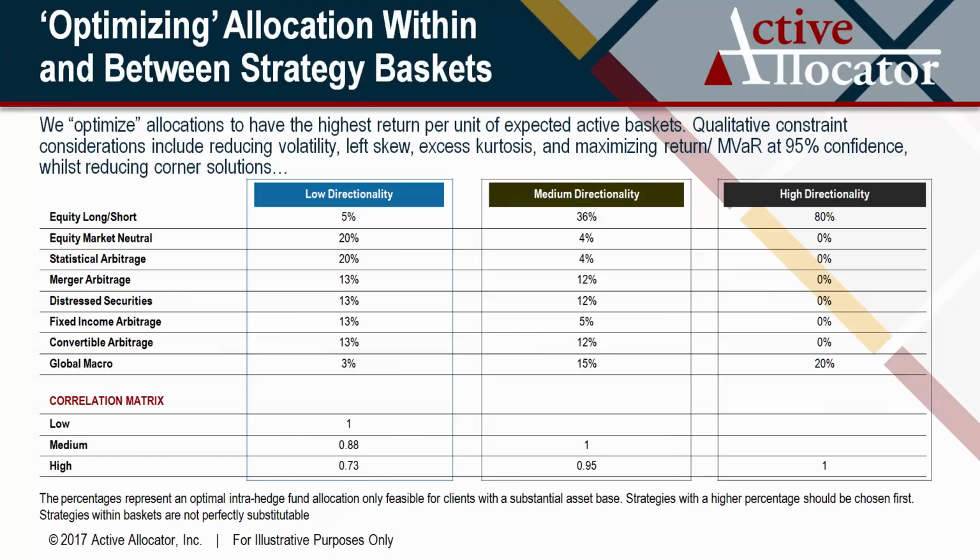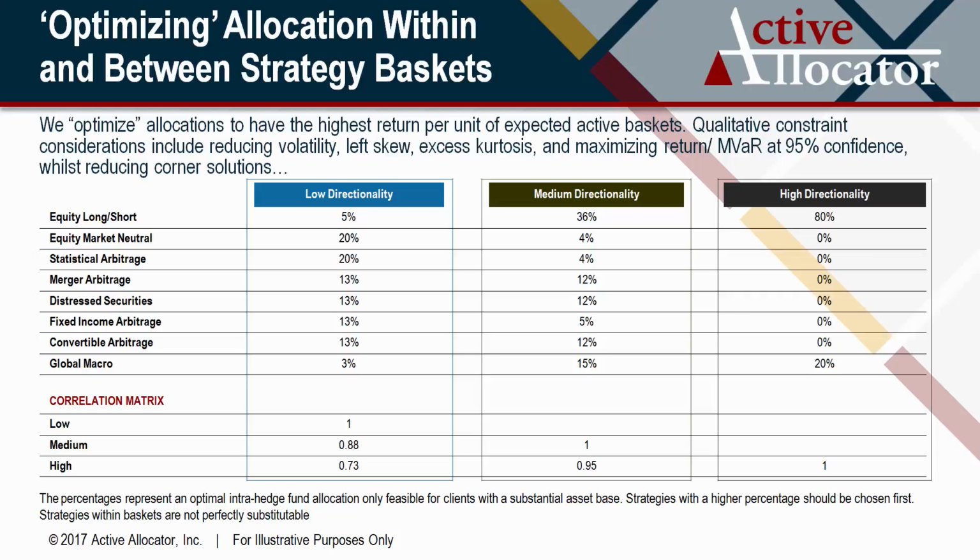This here is really the heart of the matter, where we rigorously arrive at the constituents of the three baskets. To get here, we have adjusted hedge fund returns for serial correlation, survivorship bias, selection bias, illiquidity, and fees to arrive at their adjusted long-term statistical properties.